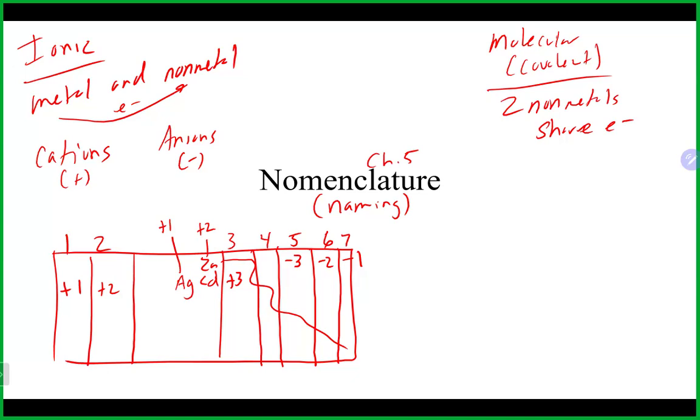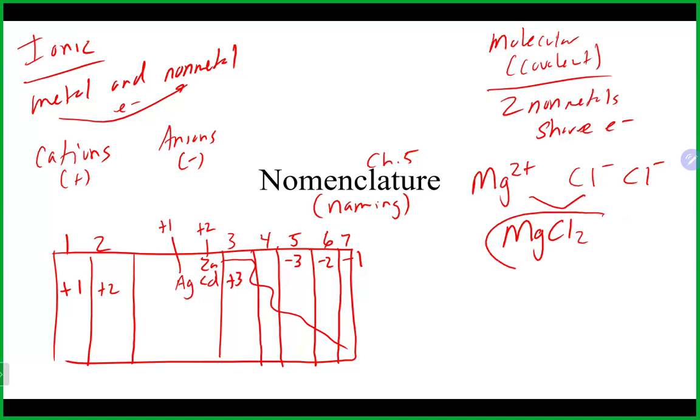But remember that whenever we put something together that has a positive charge and a negative charge, the overall charge needs to equal 0. And that means that we would need something like 2 of these guys to have a proper formula of MgCl2. So when you write an ionic compound, it should never have a charge, but it is made up of 2 things that are charged.